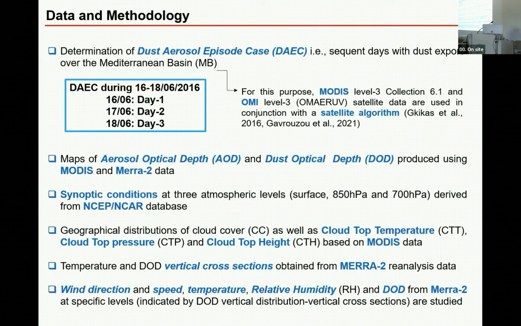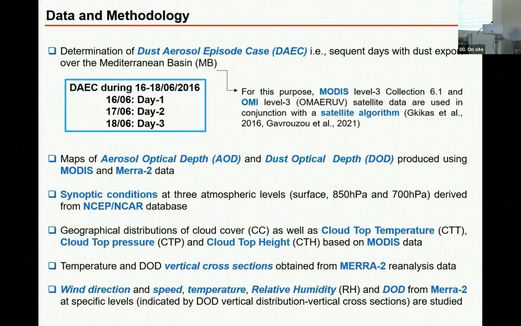We also created geographical distributions of cloud cover as well as cloud top properties using data from the MODIS instrument.